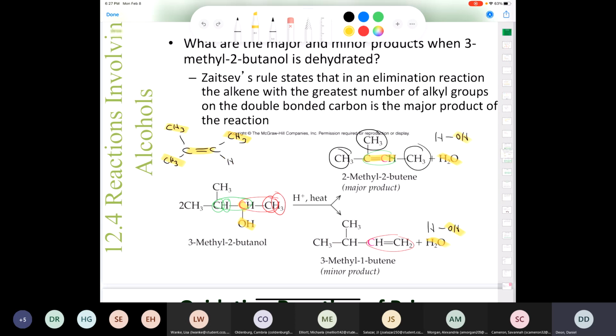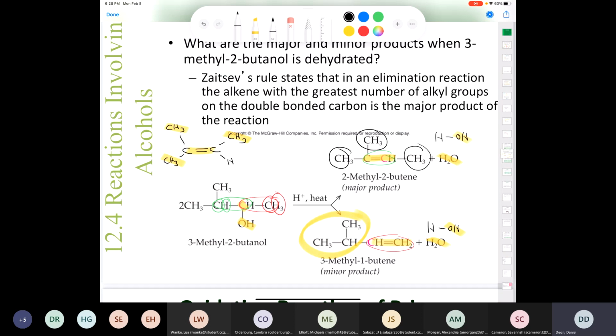How many R groups are attached to the double bond in the other alkene? How many total R groups? There's 1, right? There's 1 R group. This all here is an R group.